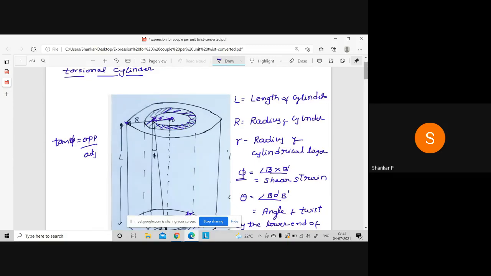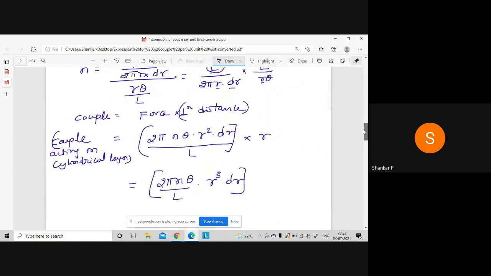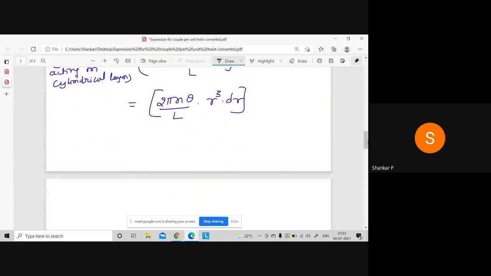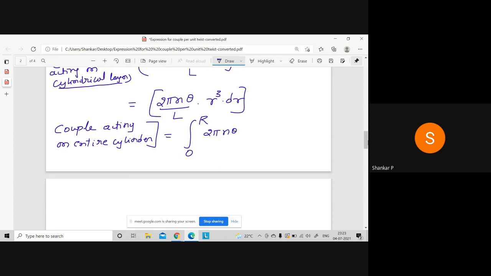Therefore, the couple acting on this entire cylinder is obtained by integrating this equation over the limits 0 to R. The above equation is only for the cylindrical layer we have considered. Now we are calculating the couple acting on the entire cylinder, which is obtained by integrating the above equation over the limits 0 to R, 2 pi n theta by L into r cube dr.